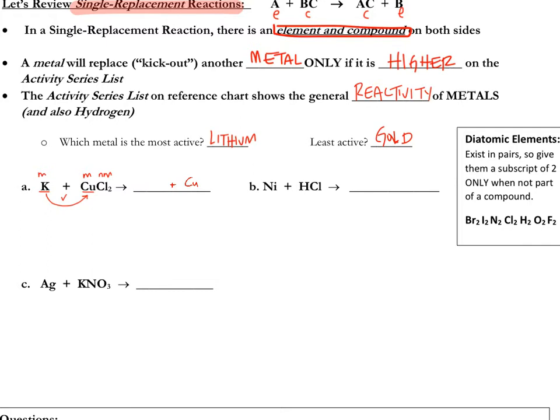I need to now figure out what compound will form between potassium and chlorine. So potassium has a +1 charge, chlorine has a -1 charge. So when I cross the charges, the 1 comes down here, this 1 comes down here, and it's K1Cl1, which is just KCl.